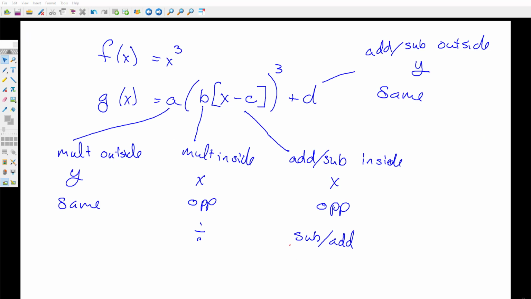So for the next several, we're kind of going back to that same format. And just remember that anything that happens outside of the parenthesis changes the y, and it behaves the same. Anything that happens inside the parenthesis changes the x, and it behaves opposite.